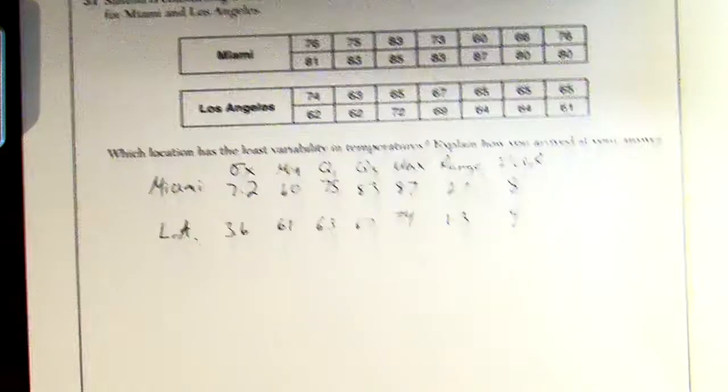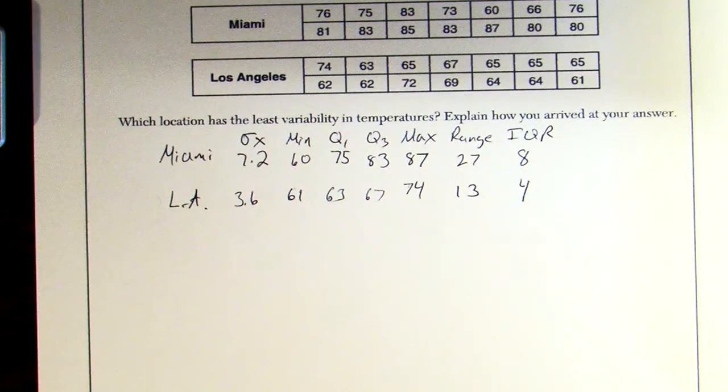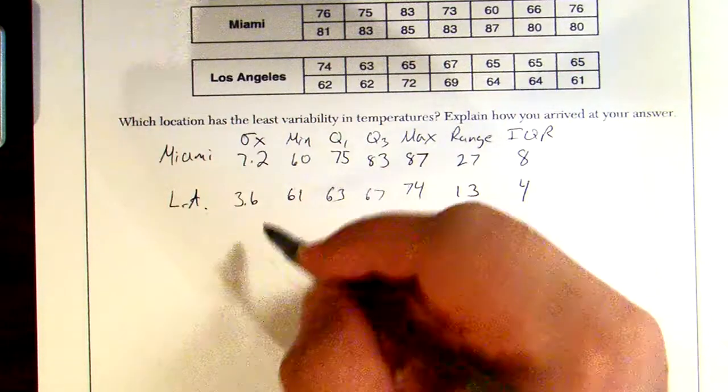So now the question says, which location has the least variability in temperatures? Explain how you arrived at your answer. The least variability is going to be the smaller of the ranges, the interquartile ranges, and the smaller of the standard deviations. So that happens for LA.